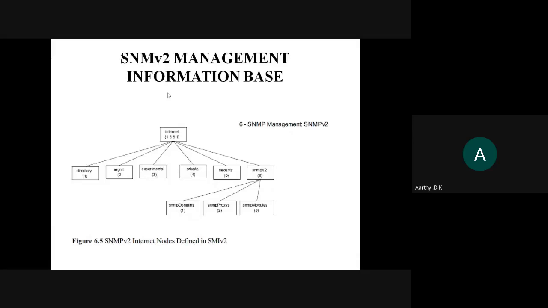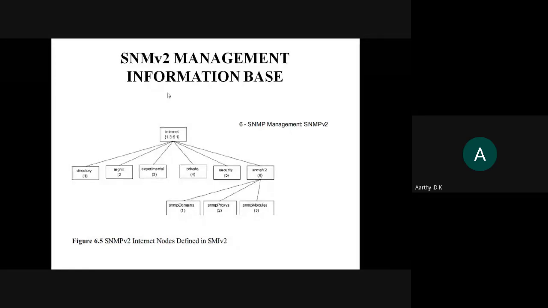This SNMP version 2 module is further divided into SNMP domains, SNMP proxies, and SNMP modules. Then security: as I told you, version 1 was not capable of providing security features. So that was implemented in version 2 and further enhanced in version 3. In version 2 we had a few security issues that were addressed in version 3.